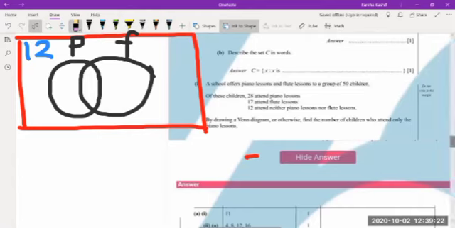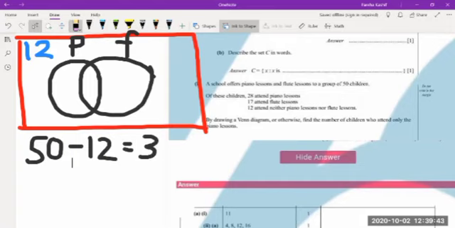So what happens? We need to find out how many intersect in the two of them. Now 50 minus 12 is 38. So there are 38 students in sets P and F combined.